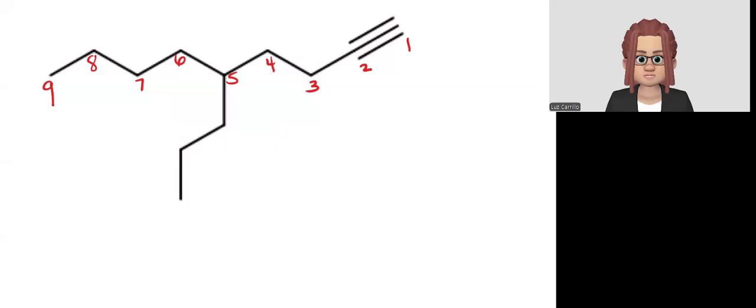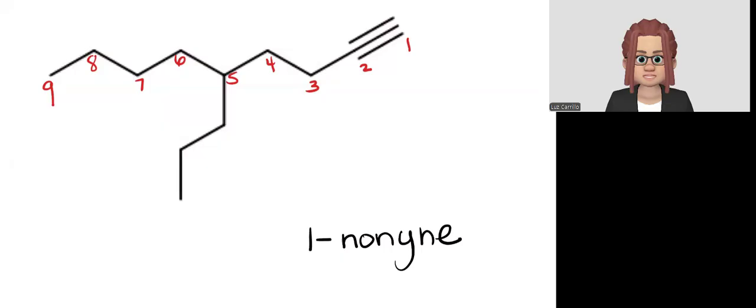So a 9-carbon alkyne, I can write nonane for the 9 carbons, but because this is an alkyne, I erase the ane ending and I write nonyne because it is an alkyne.